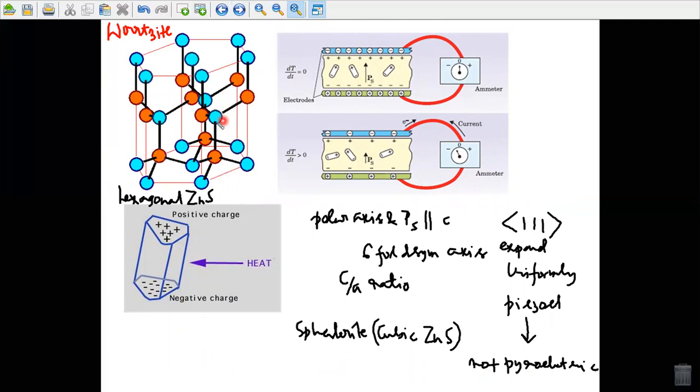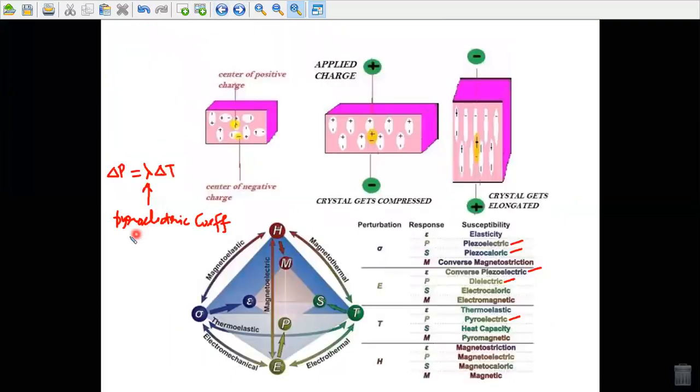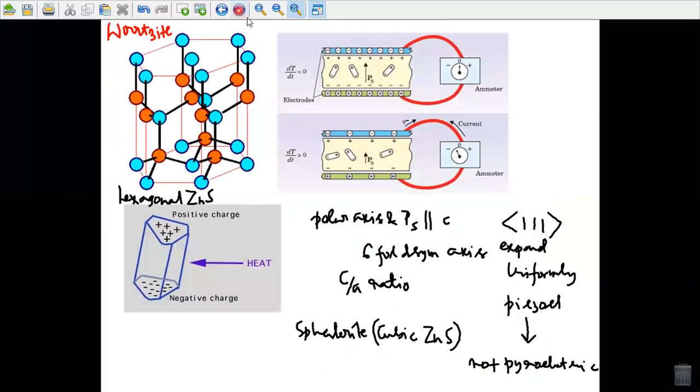A change in the temperature delta T of the crystal produces a change in the polarization delta P according to the relation delta P equals lambda delta T, where lambda is the pyroelectric coefficient, which can be measured experimentally. This effect is called the pyroelectric effect and can be produced either by heating or cooling the crystal, right? So the simplest pyroelectric crystal is wurtzite.